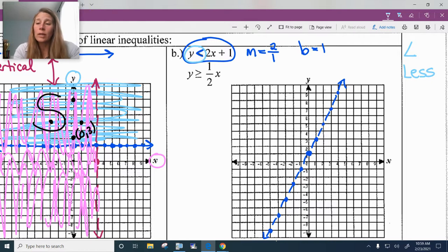The way I remember that is because when I'm reading it, it kind of looks like an L that's just tilted a little bit. So the L starts the word less, or it starts the word low. So I know all the less than numbers are lower or underneath. So I'm going down the y-axis since y is less than the line, and then you just fill in everything else on that side.